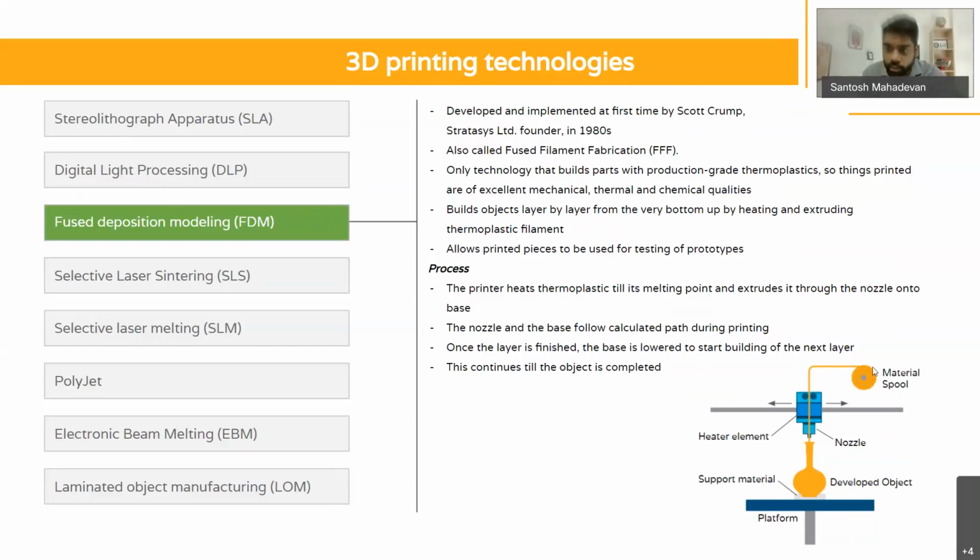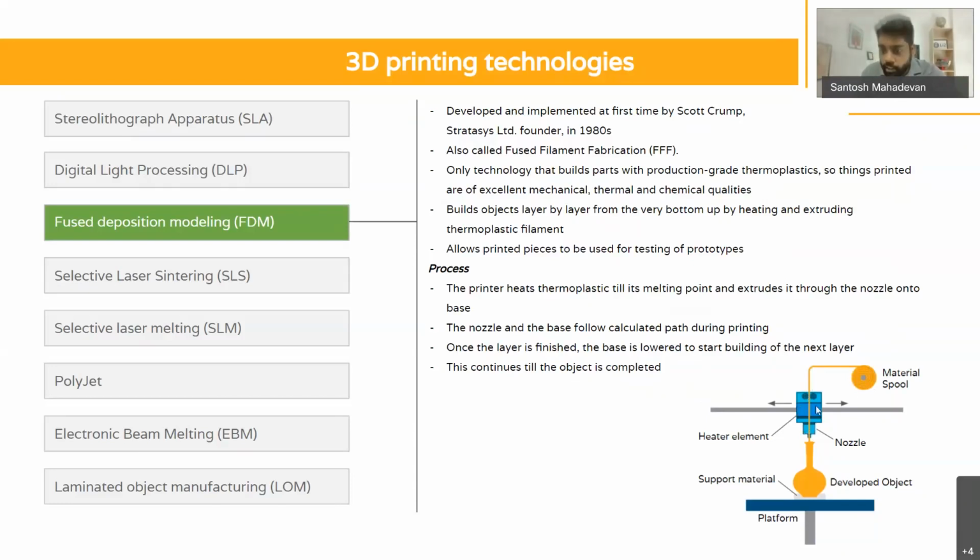You have plastic wire of a definite diameter, about 1.75 mm, and it is important to know that this diameter is constant for the entire wire. This spool is kept next to the machine, and then the wire is pulled out and fed into the heater element.